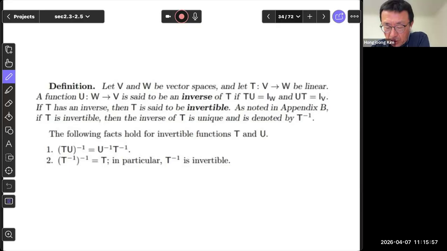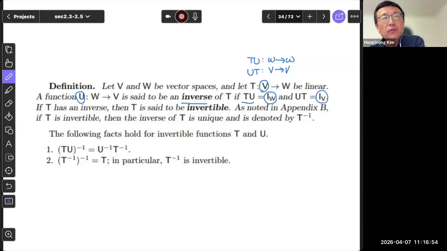Please note that T is a mapping from V to W, and a function U from W to V is said to be an inverse of T if the composite mapping TU, a mapping from W to W, is the identity mapping, and UT, the composite function from V to V, is also the identity in V space.